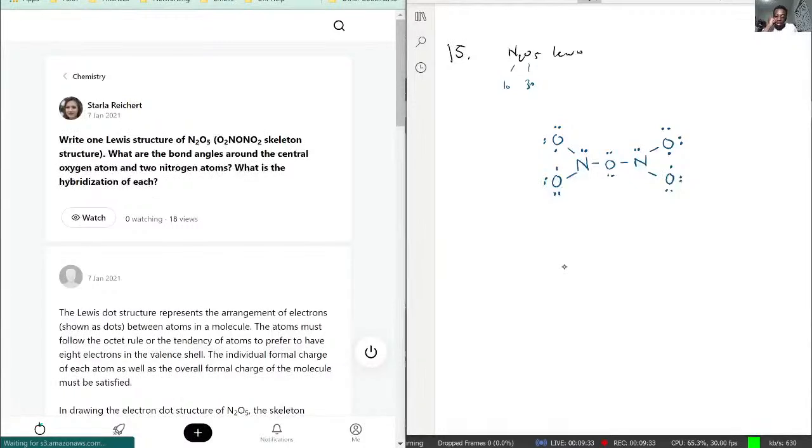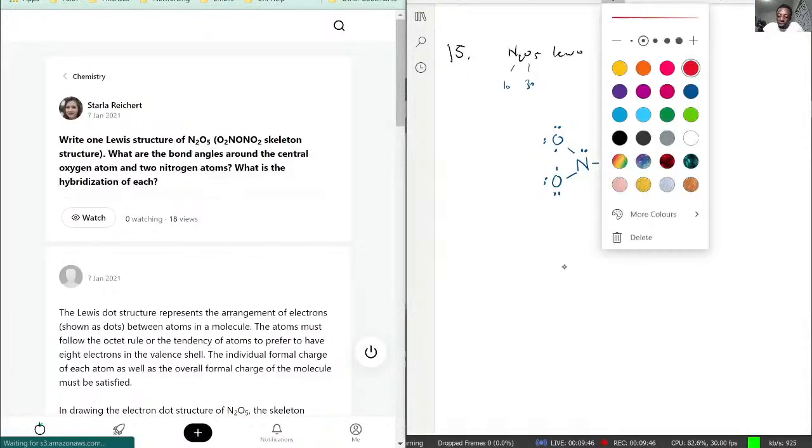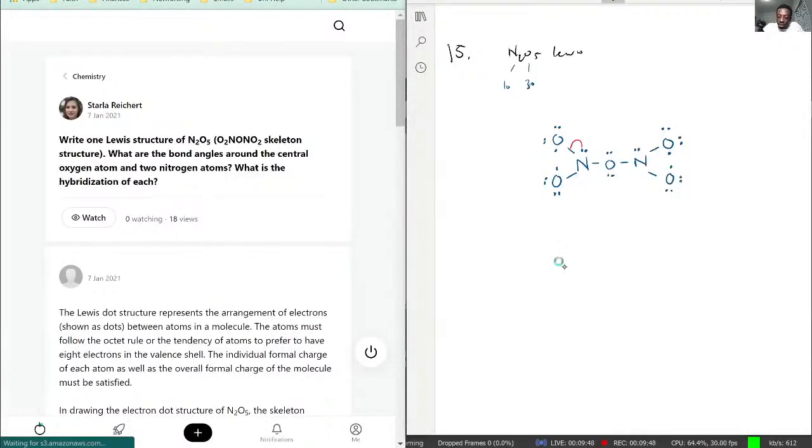Instead, the nitrogen would form a double bond with one of them and just give the electron to the other one. This is what I'm picturing here. One of the electrons from nitrogen will form a bond, and the other will just be given. If only there were a way to draw a better picture.